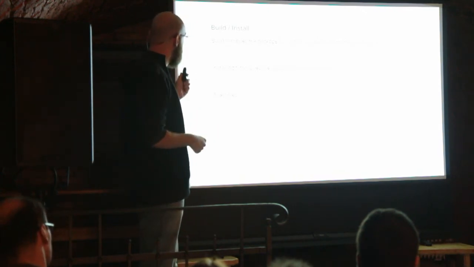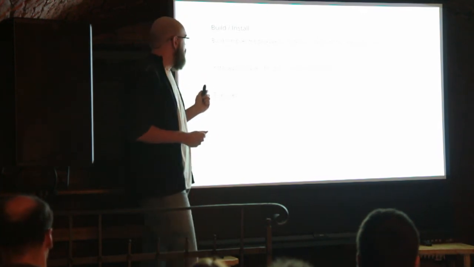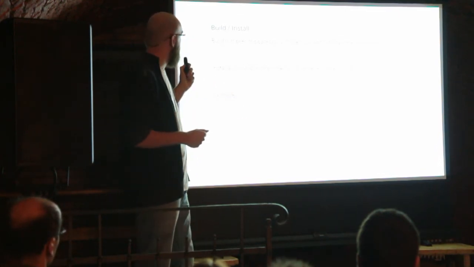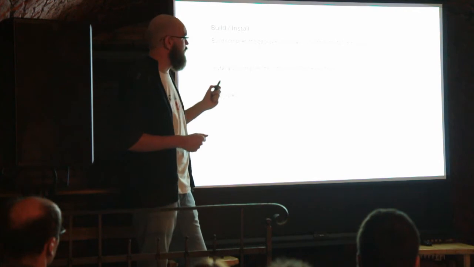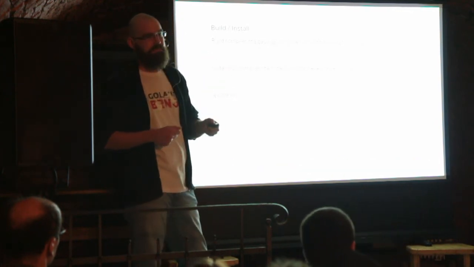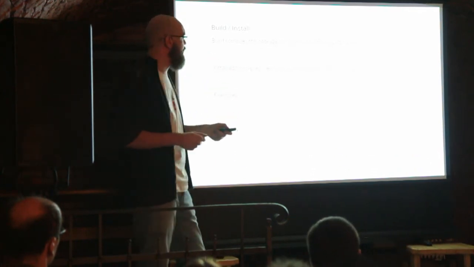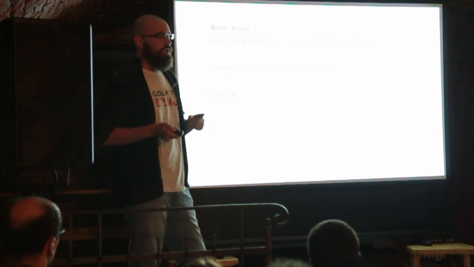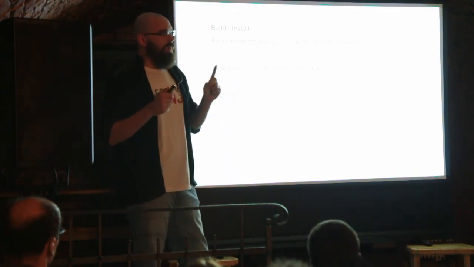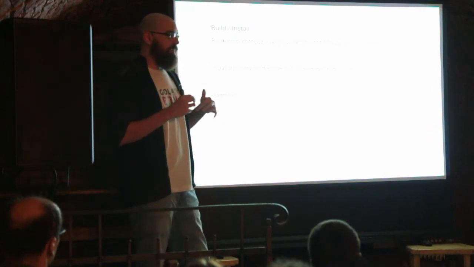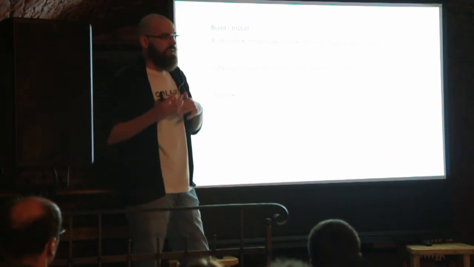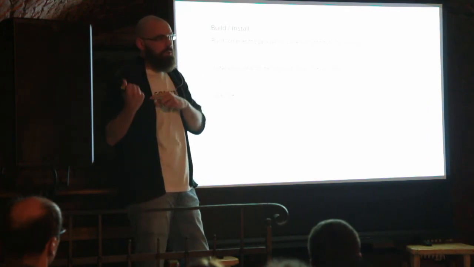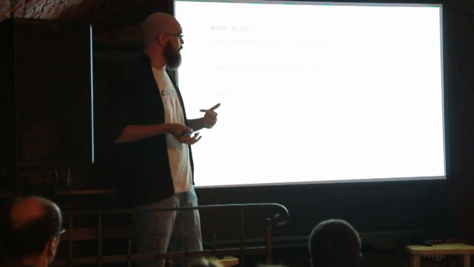But the install tool does the same thing as build, but instead of outputting the binary where you told it to or in the local folder, it is actually going to install it to your workspace. So when you install a project or a library, it's going to be transferred immediately to your workspace, so you can then import it in your other projects, or you can just invoke it from your command line.